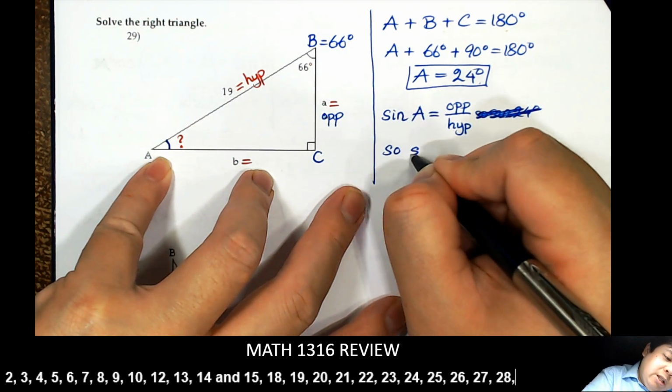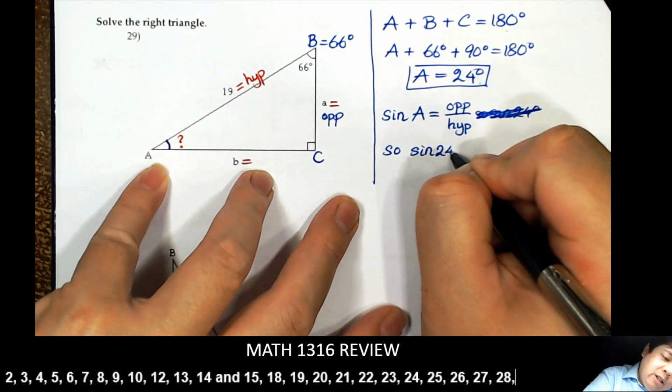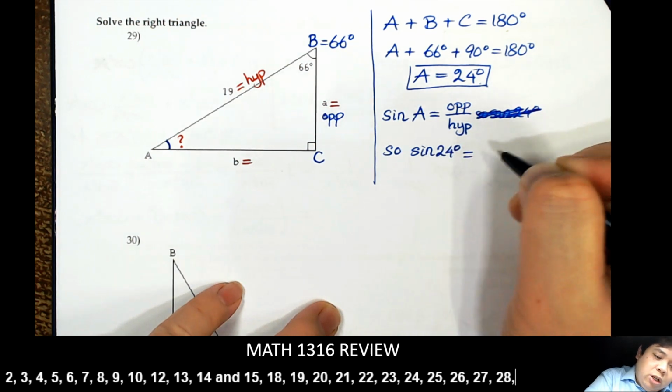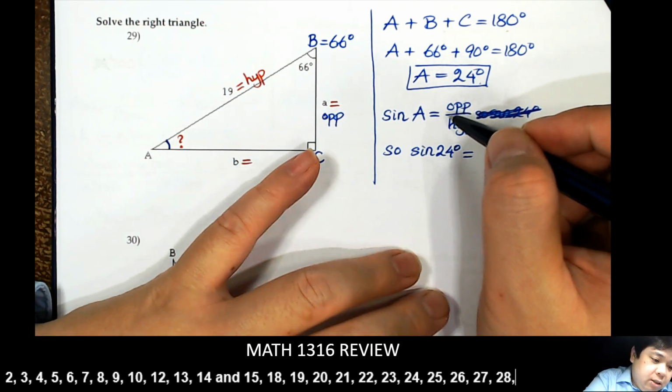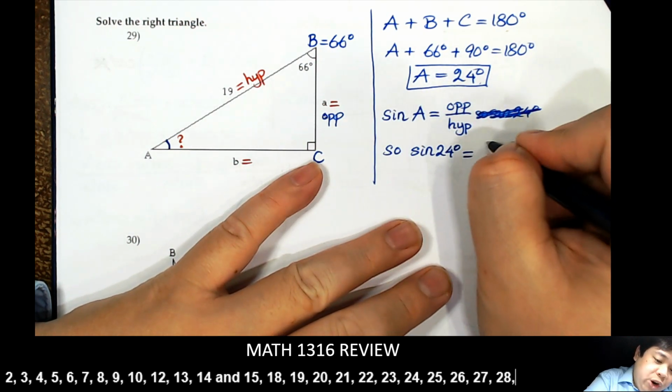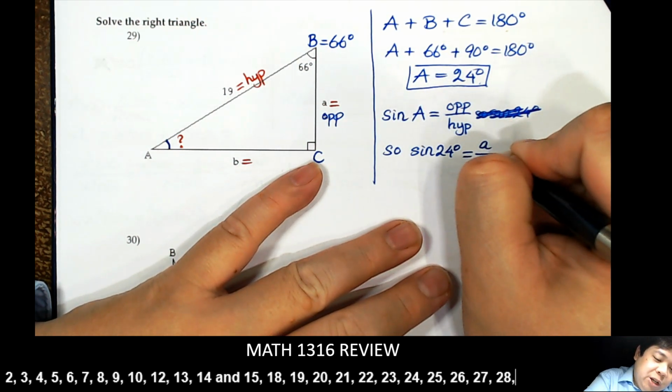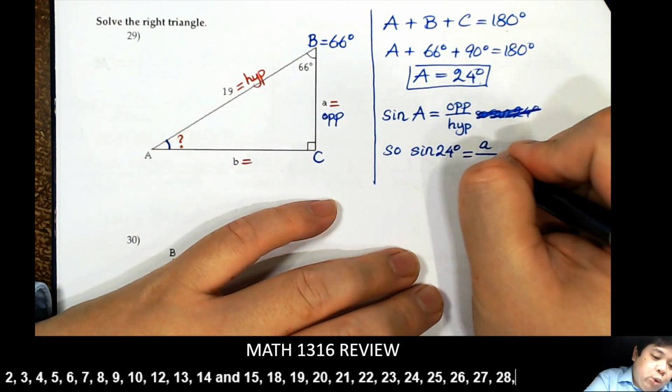So sine of 24 degrees equal to opposite, which we don't know, over hypotenuse, which we know is 19.